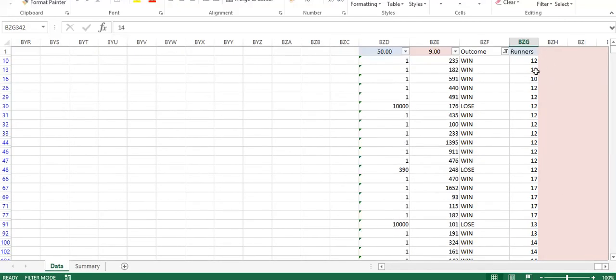So we've got this in column BZG here, using simple unique hooks like the date, the name of the horse, the course if necessary. You can then find information about the number of runners in the race, the distance of the race, and you can knit files together to help you do your analysis and output.